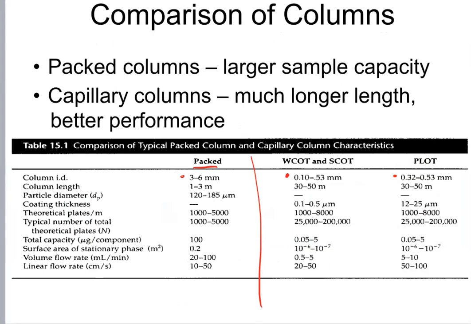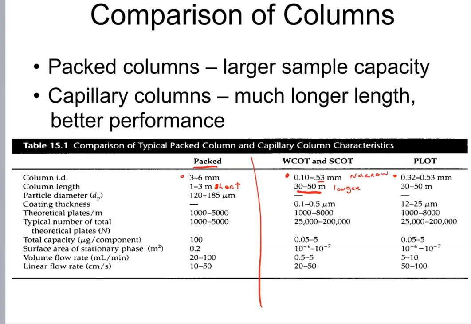The capillary columns might have internal diameters down to 0.1 millimeter, that's 100 micrometers, up to about 0.53 millimeters. Okay, that's actually called a megabore column. Packed columns have short lengths of 1 to 3 meters, but capillary columns, gosh, 30 to 50, I've even seen 60 meters. Capillary columns are much longer, and they have narrower bores.